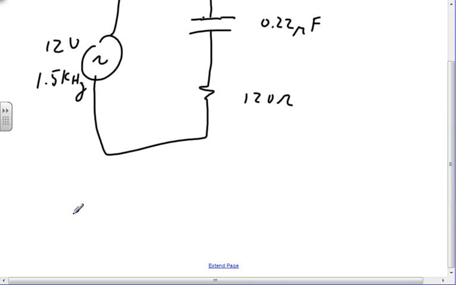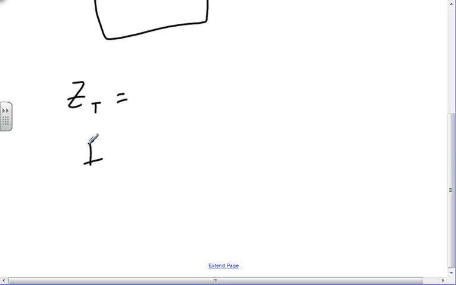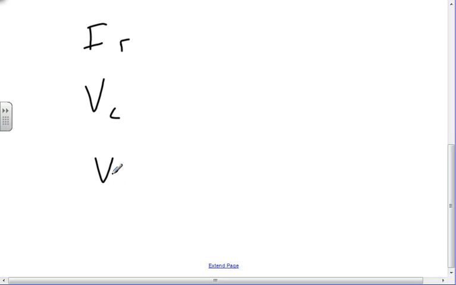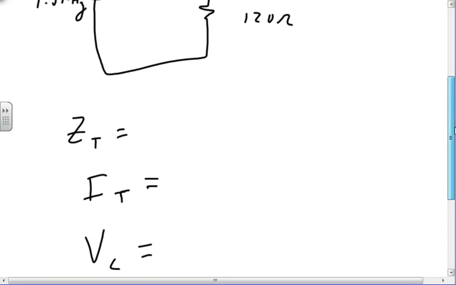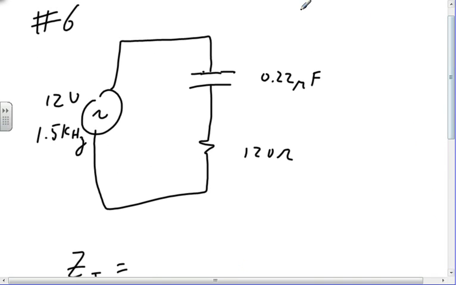All right. So we want to find total impedance. We want to find total current. We want to find the voltage across the capacitor, the voltage across the resistor, and the phase angle. Okay, so those are the things we're doing. First thing we're going to have to do is figure out what X sub C is. 1 over 2 pi, is it 1.5?